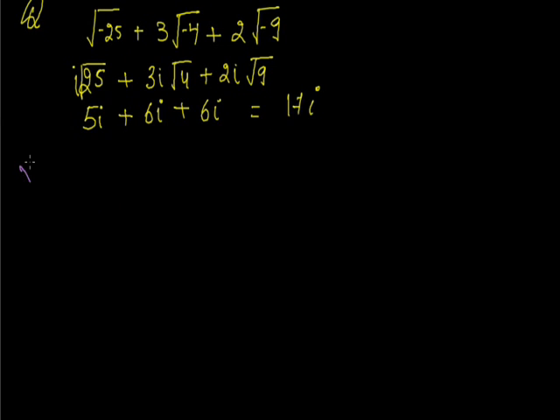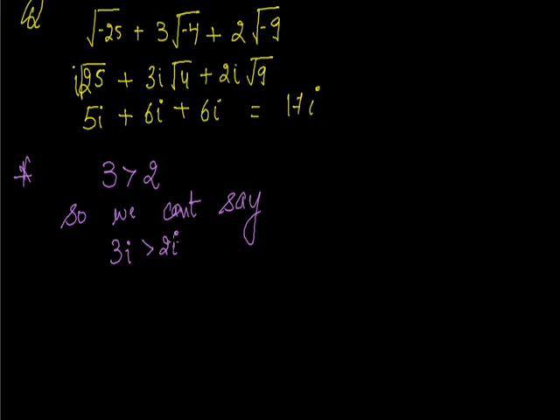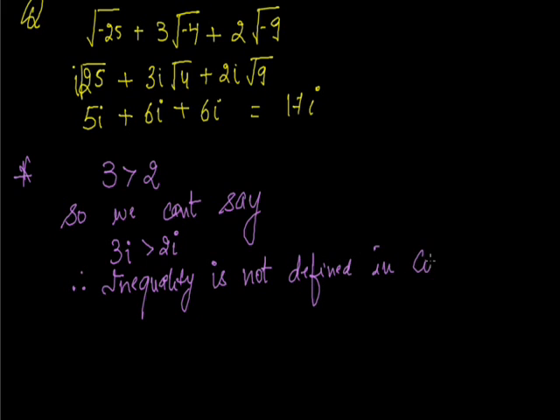Now let's think about one thing. As we know, 3 is greater than 2, but we can't say 3 iota is greater than 2 iota.